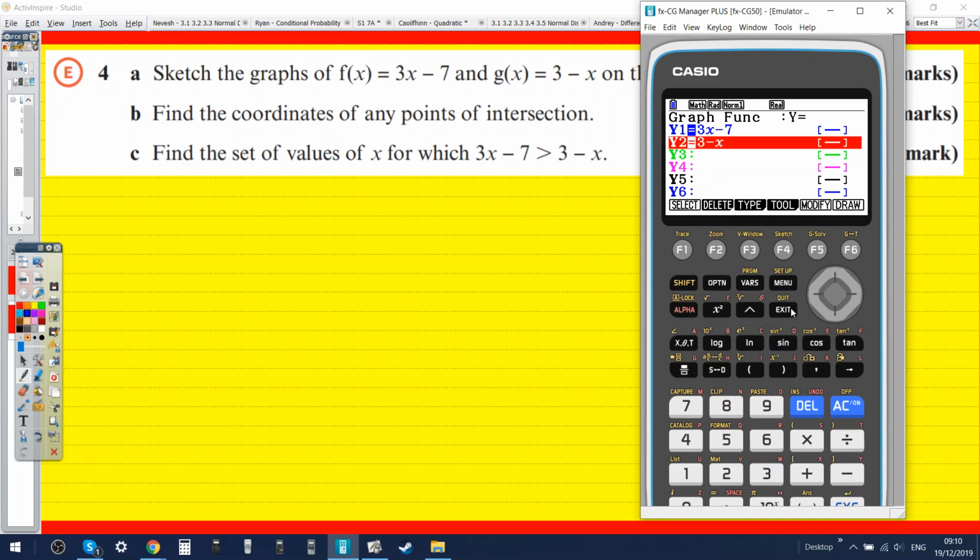When you press equals, I think it just goes down automatically. I don't know where the equal sign is on the calculator. Or execute, I think it's called. Bottom right. Oh yeah, thanks.